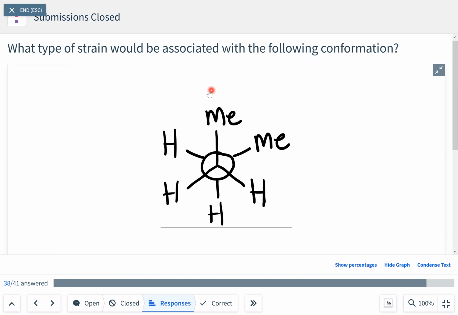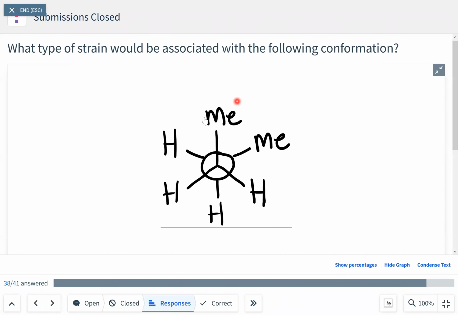Steric strain is when you put two fragments or atoms too close together and they both are taking up space. They're getting too close to one another, and we call that steric strain.